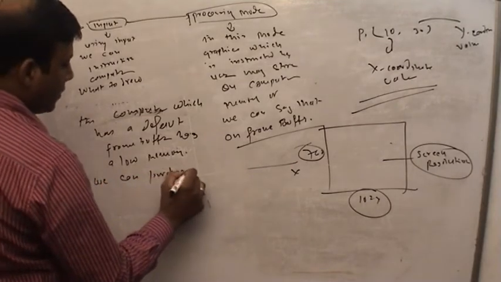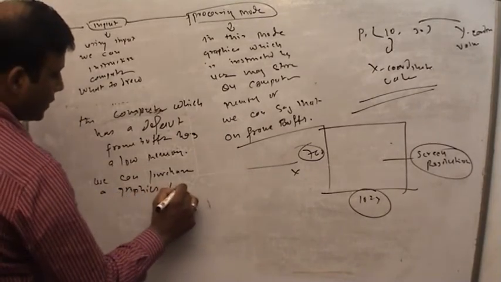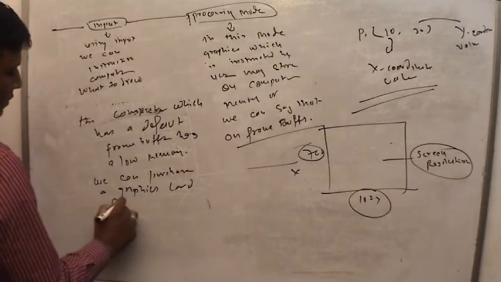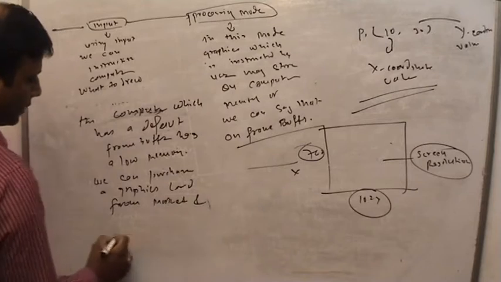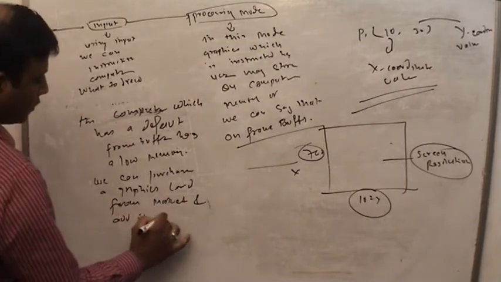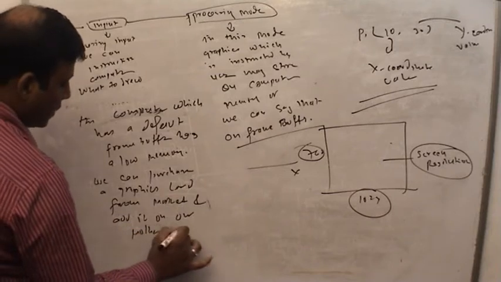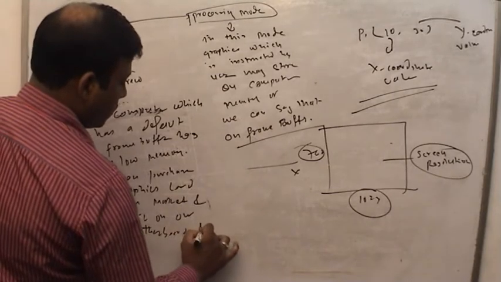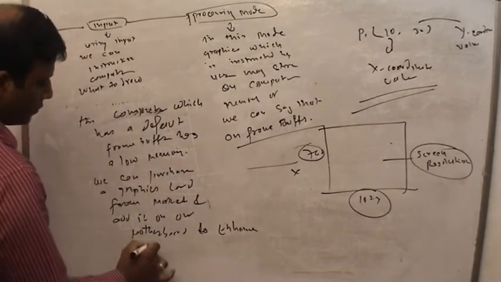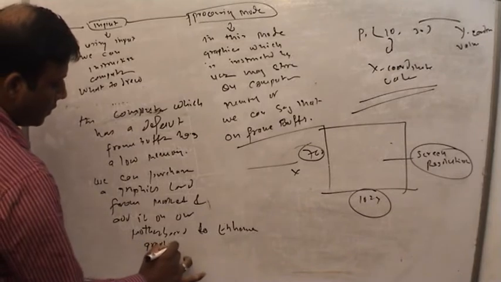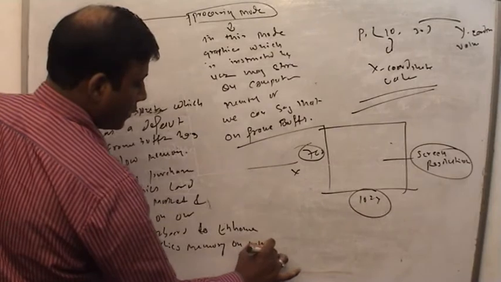We can purchase a graphics card from market and add it on our motherboard to enhance graphics memory on computer.